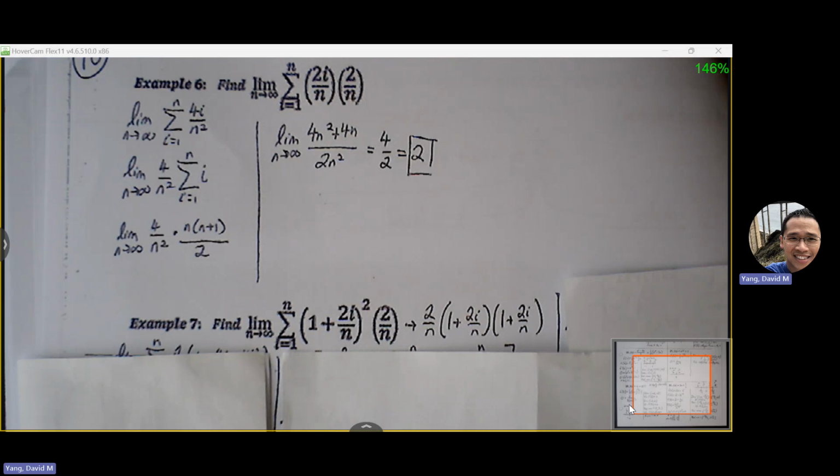I'm going to take that 2 over n, push it in front. I'm going to FOIL out my binomial.